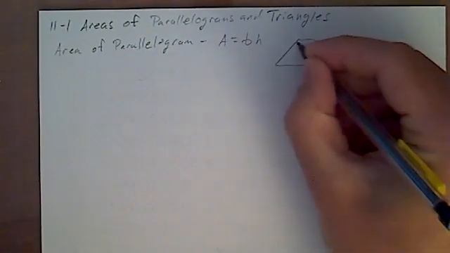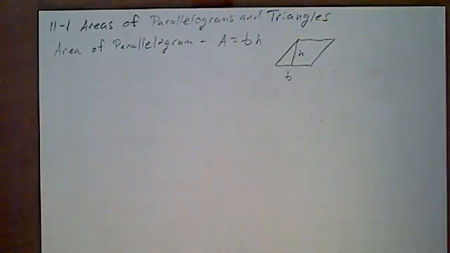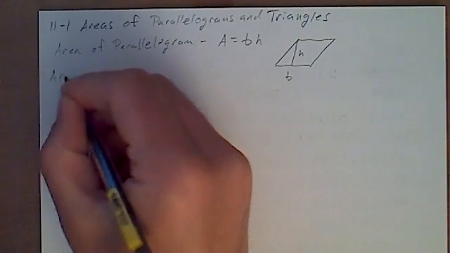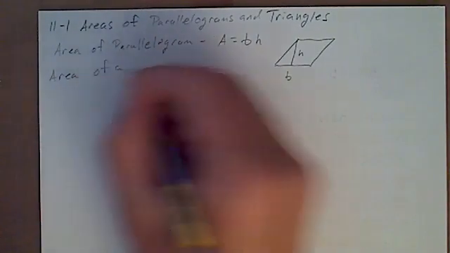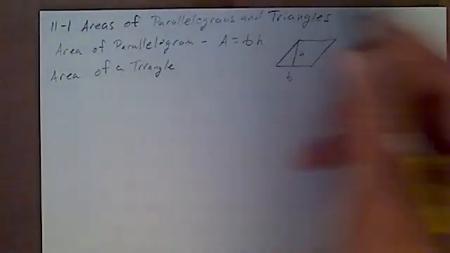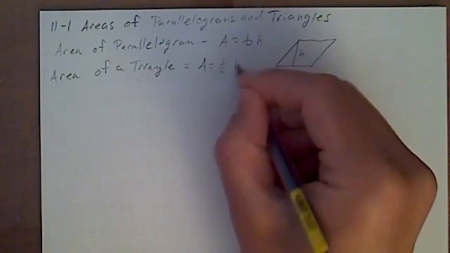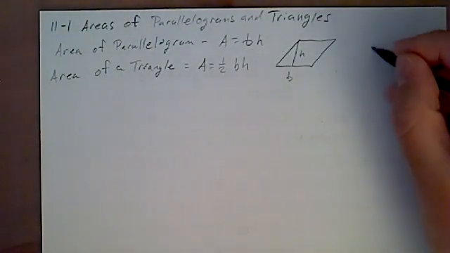So if we have a parallelogram, it's the base and the height. And the area of a triangle is 1/2 the base times the height.